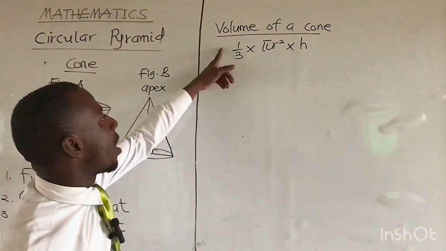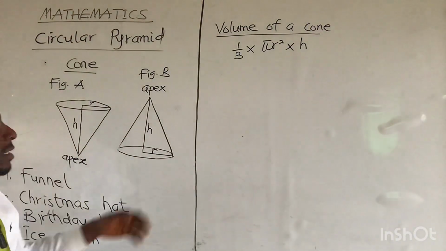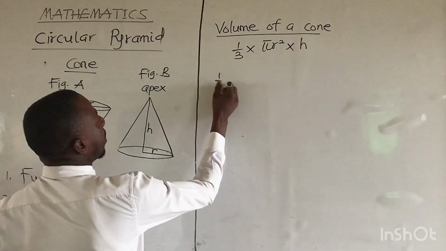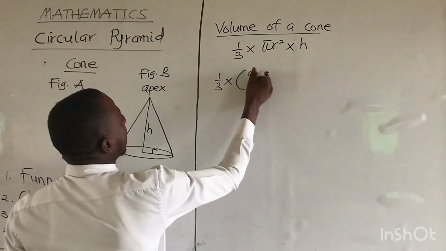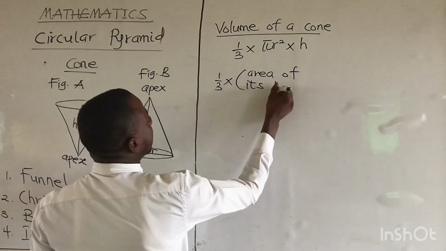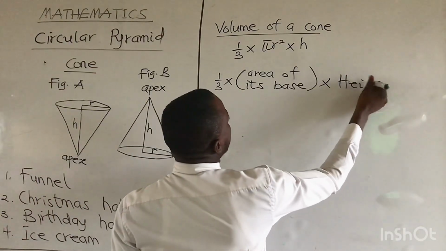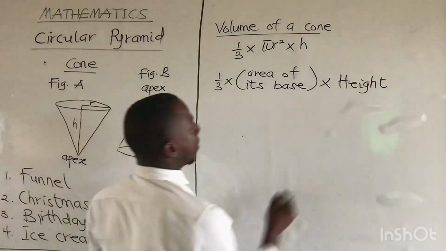So it's always 1 over 3 multiplying the area of its base times the height of the pyramid.